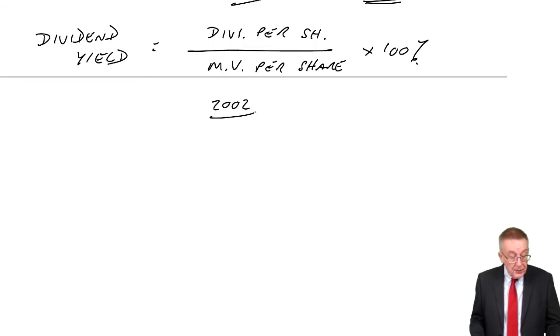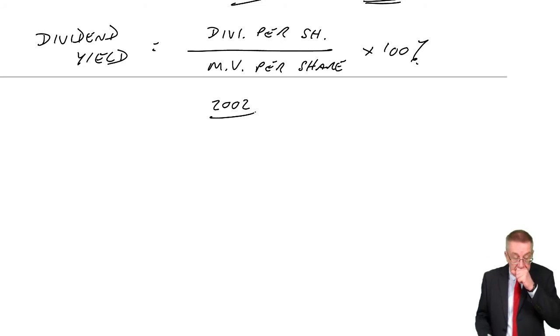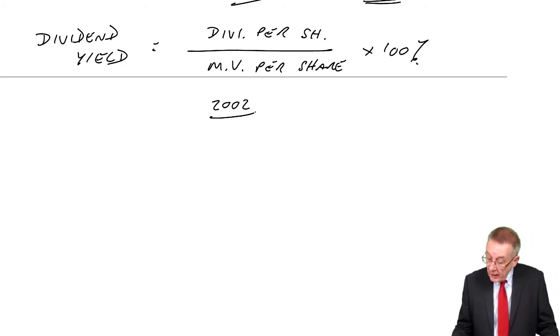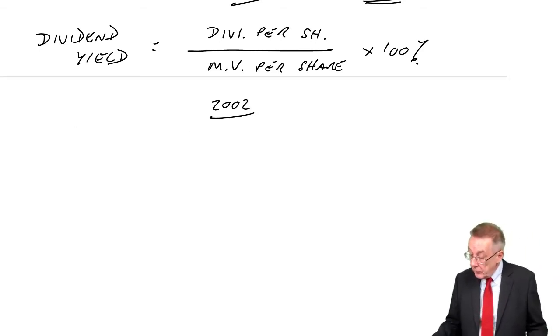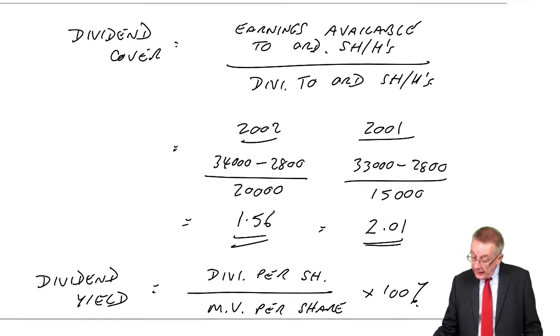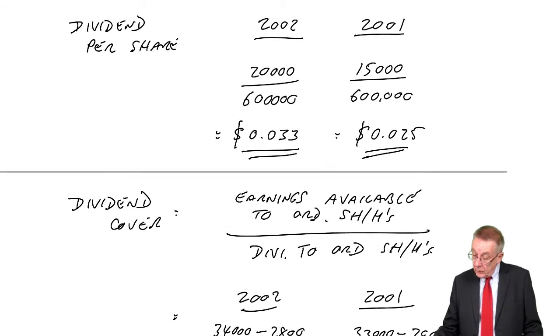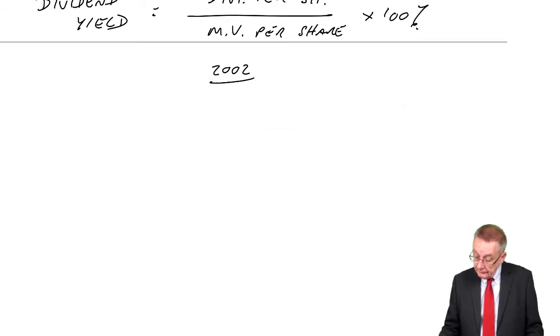In 2002, the dividend per share to ordinary shareholders, we worked it out earlier, so I'm not going to work it out again. It was 0.033.